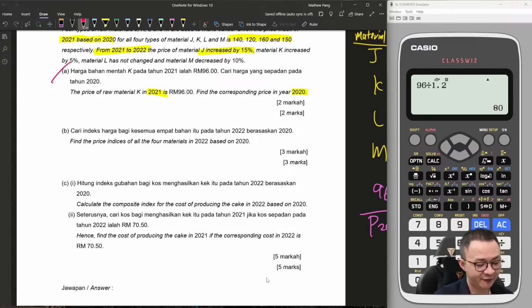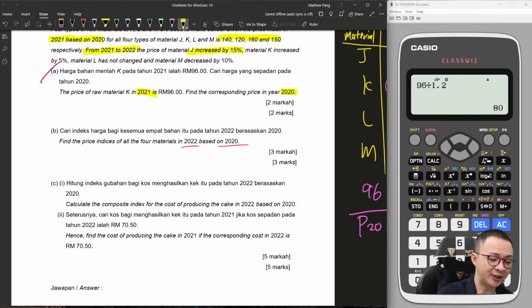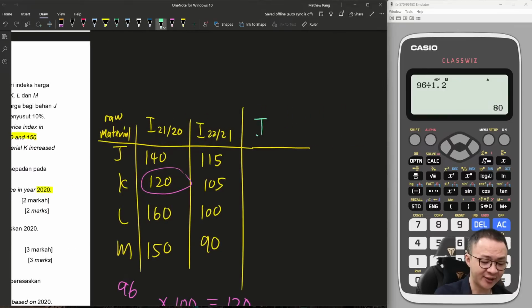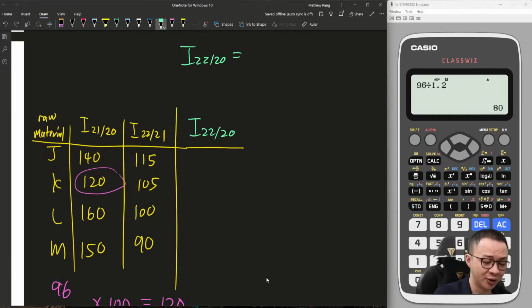Then find the price index for all the materials for 2022 based on 2020. So right now, they want us to find the index number for 22/20. If you learned index numbers before, you should know we can use something similar to the chain rule. If this one starts with 22, then this one ends with 20.